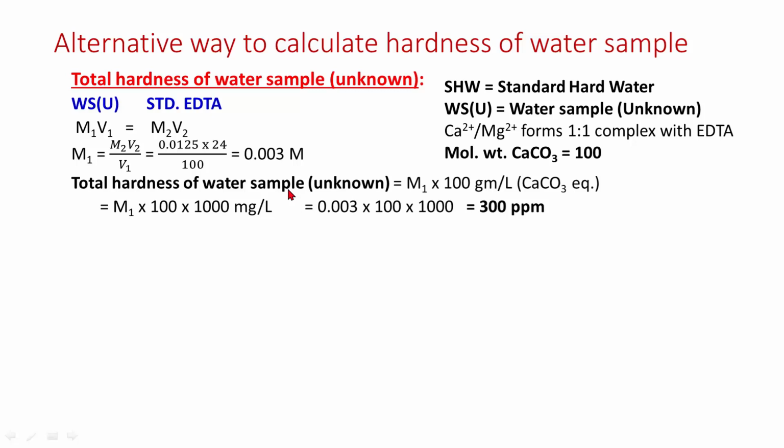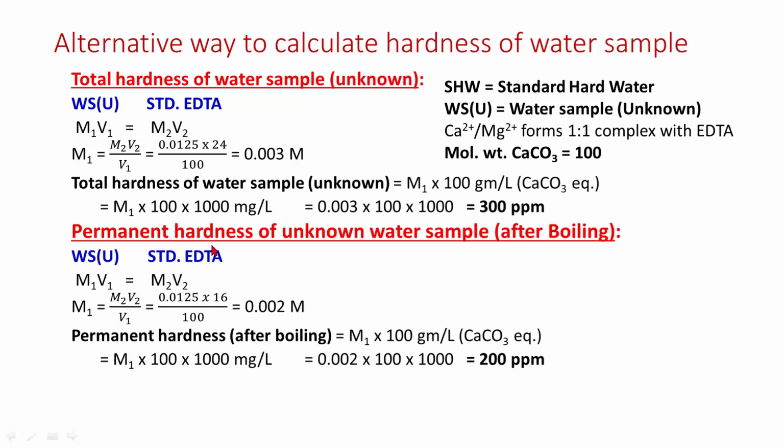So total hardness of the unknown water sample is equal to M1 into 100 gram per liter, where 100 is the molecular weight of calcium carbonate, in terms of calcium carbonate equivalents. That is M1 into 100 into 1000 milligram per liter, which is equal to 300 ppm.